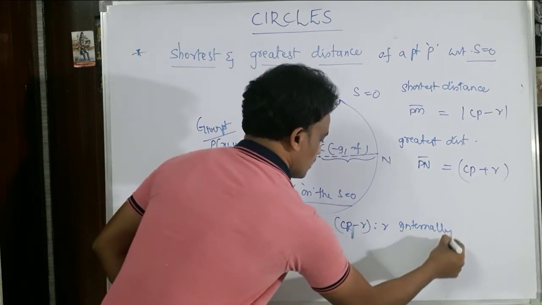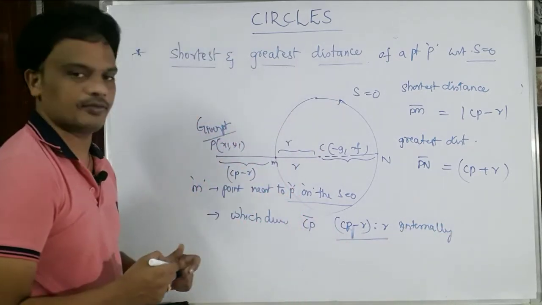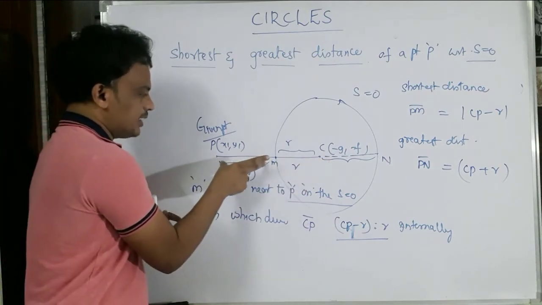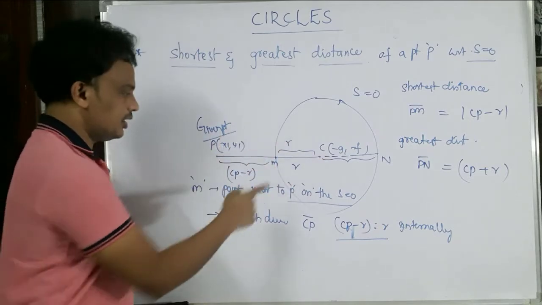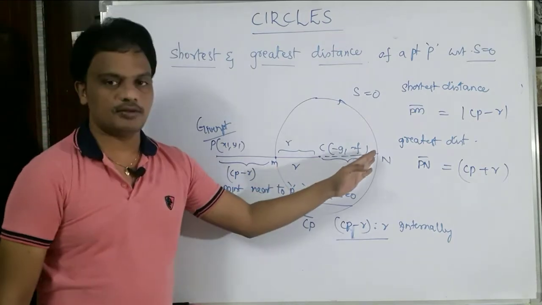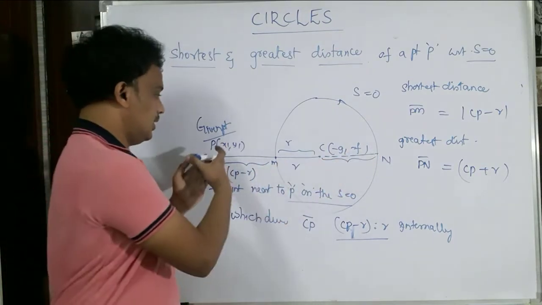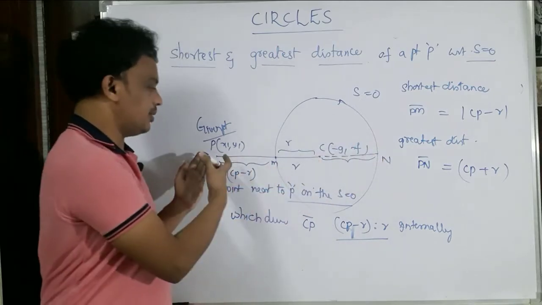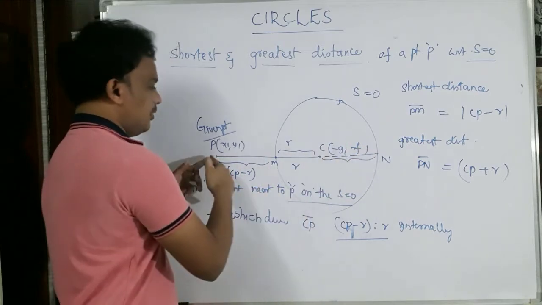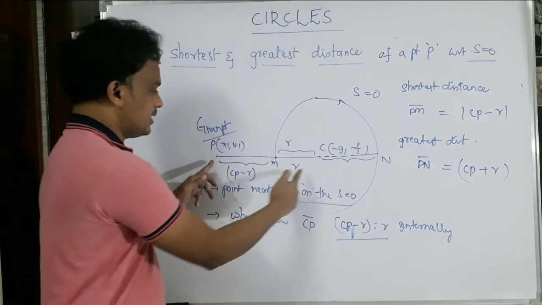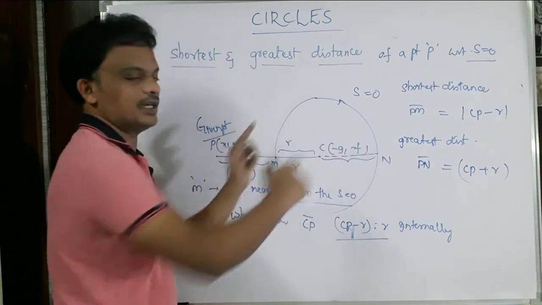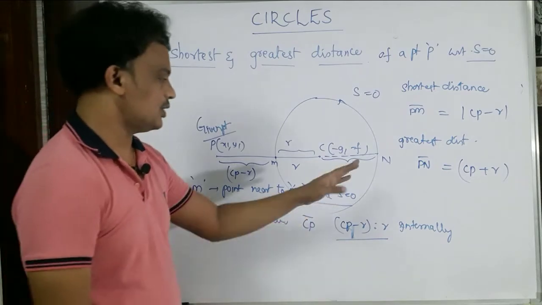Similarly, what is the point on the circle which is at the maximum distance from the point P? In that case, same like this, the point N which is very far from the given point divides CP in the ratio of CP plus R is to R externally. Okay, like this we will get the point.